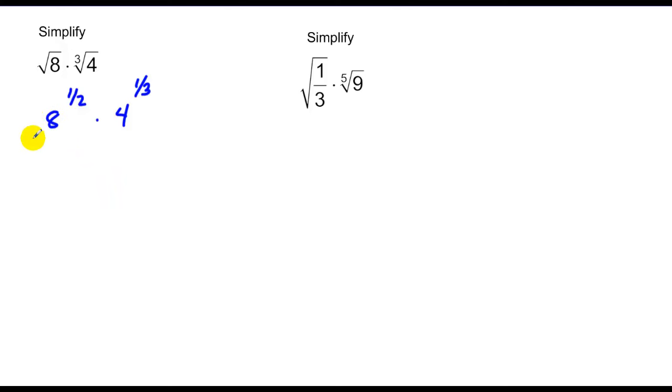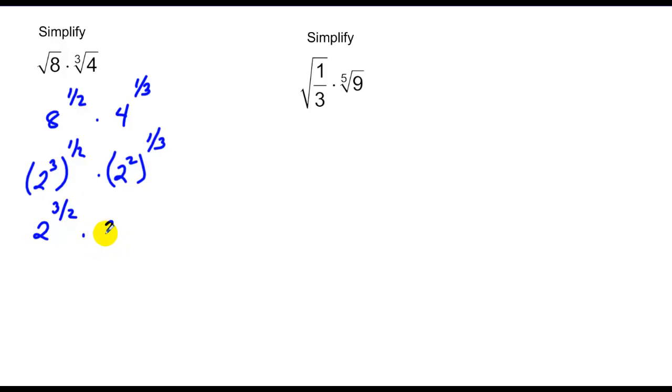Luckily I can rewrite 8 and 4 as numbers of a base of 2. So 2 to the 3rd is equal to 8, and that's raised to the 1/2, and 2 squared is equal to 4, and that's raised to the 1/3. Power of a power, we multiply powers, so that's 2 to the 3/2, and this is 2 to the 2/3.